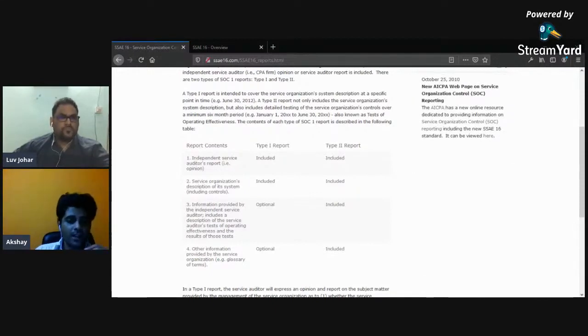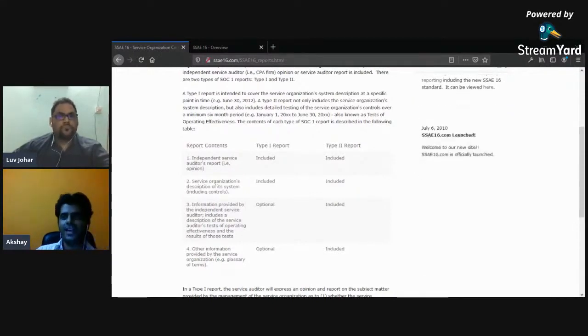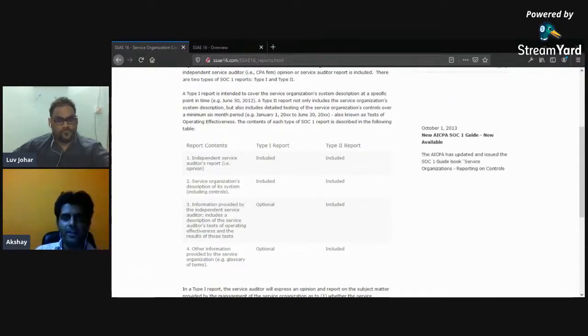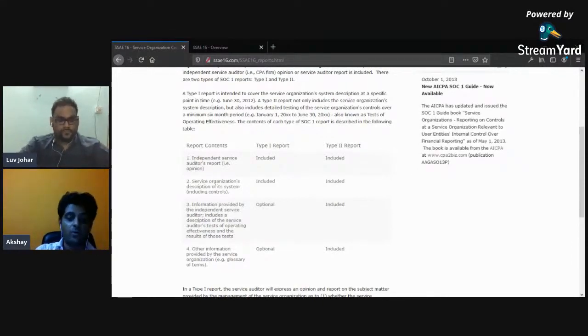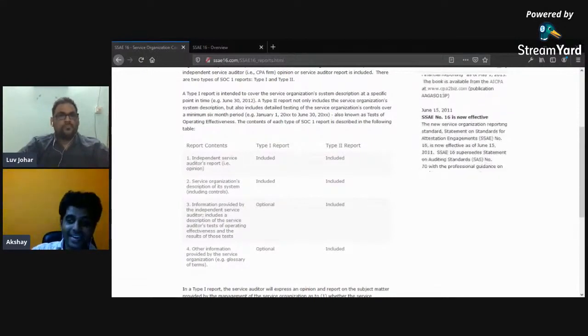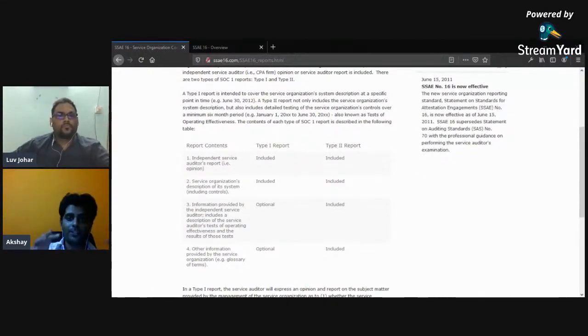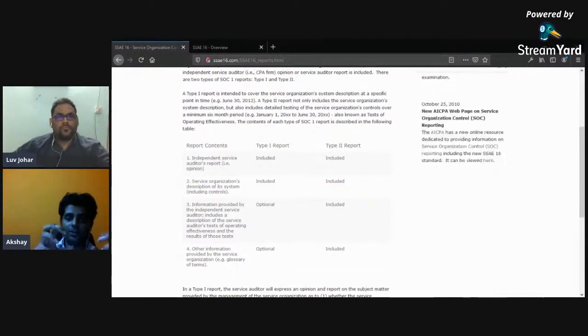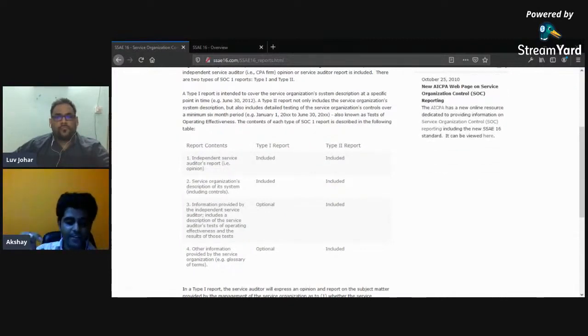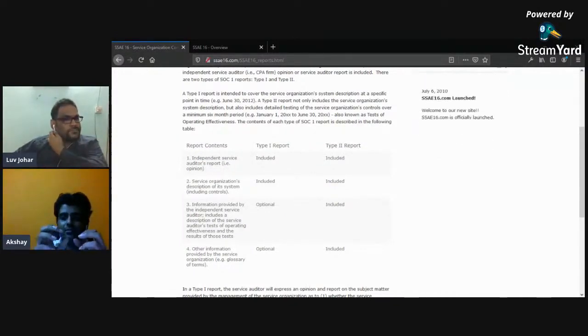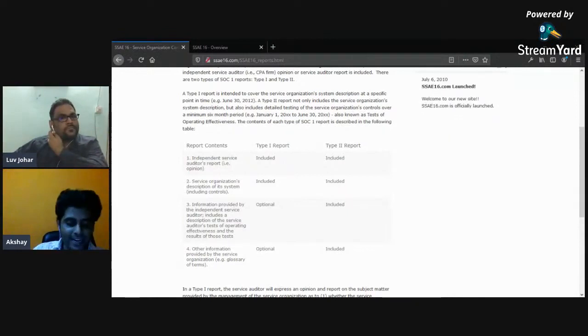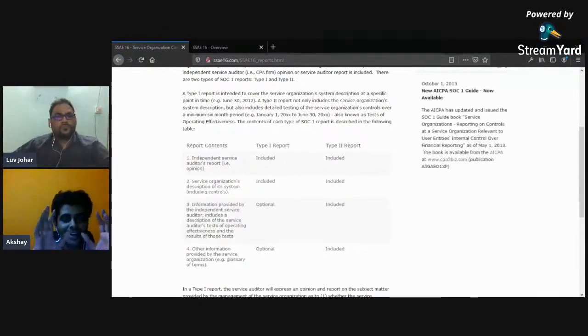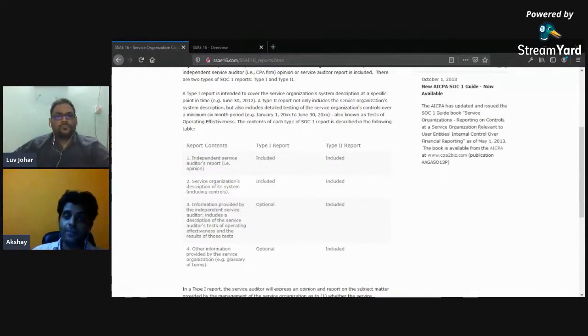They have something called a management assertion, which is a written statement where management has to write down and specifically state that all the management description and all the controls that we have mentioned follow the right criteria. We have identified the criteria and we are making an assertion.